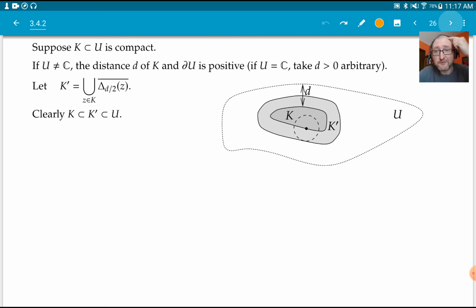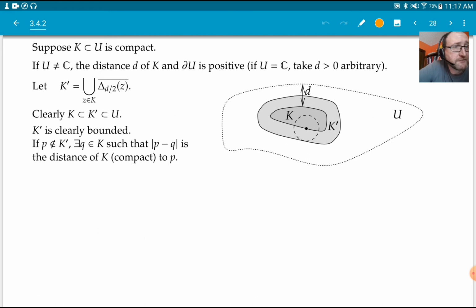So the next thing we want to show is that K prime is compact. Well, it's clearly bounded, because it can't go further than d over 2 from the origin. If you have a bound for K, add d over 2 to it, and you have a bound for K prime. So it's definitely a bounded set.